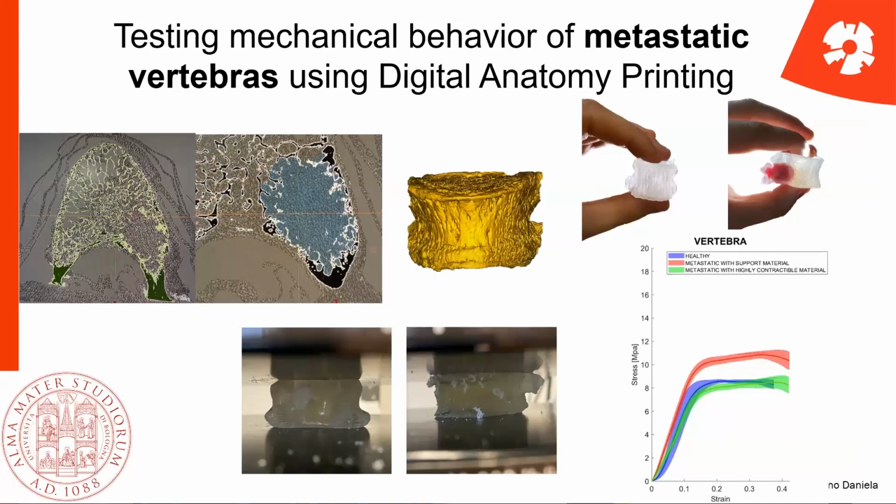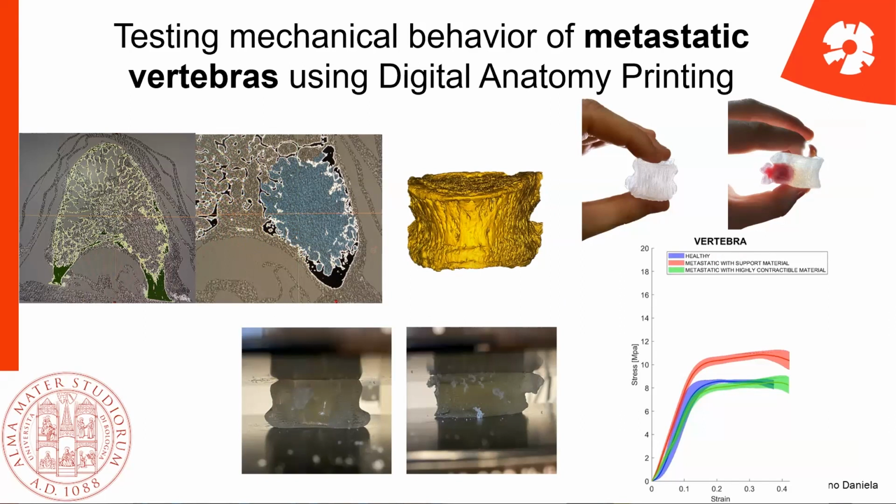But looking at 3D printing, there is something very new going on. Today we can use 3D printing models to test the mechanical properties of body parts. I have two applications that I would like to show you.